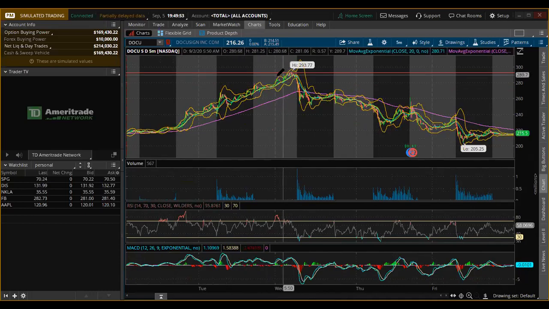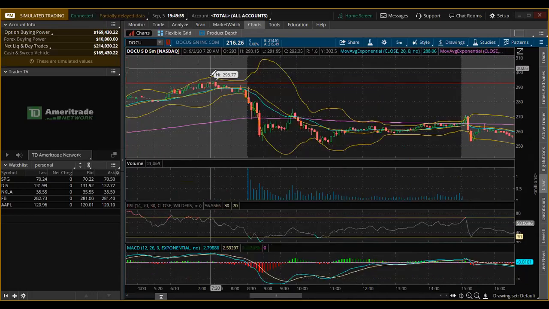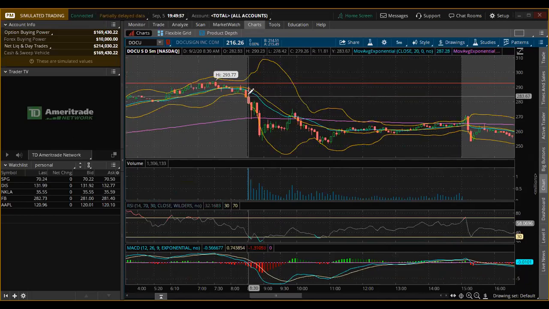You would have made way more money. But the very next day, you see what happens. Red candle, red candle, red candle. Green, try to push back up. The very next candle, push right back down. Wasn't enough volume. Push back down. So one of these candles, you need to get out.